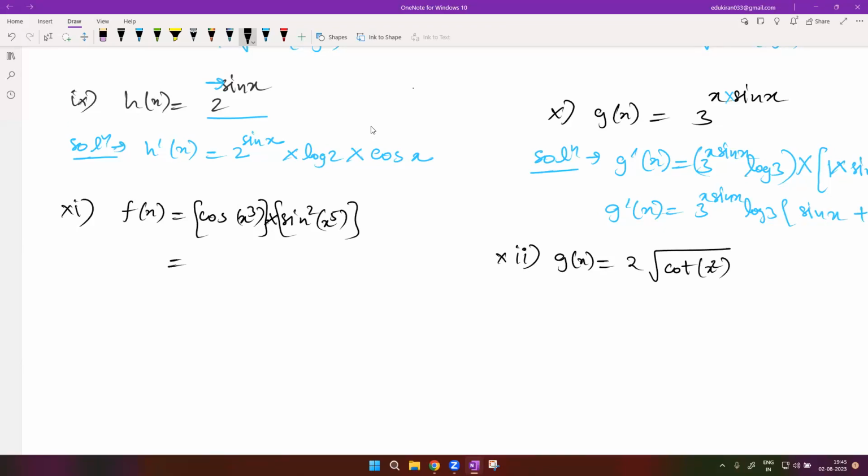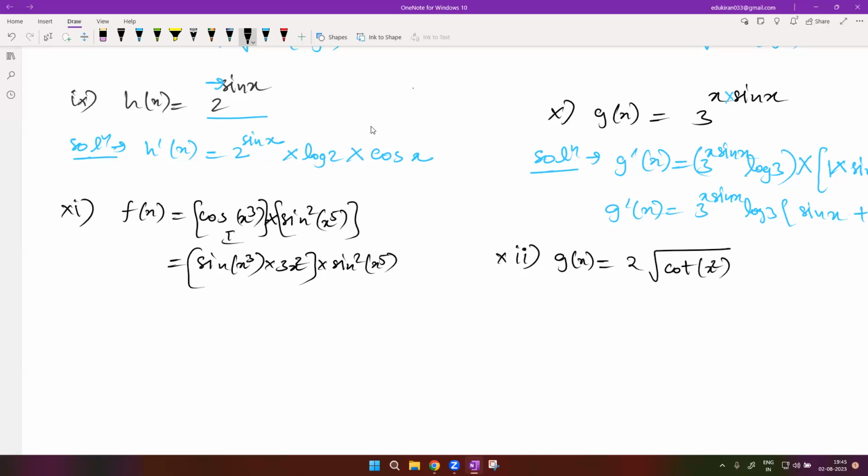So what we will do is we will take one function and keep the other function as it is. So first I am differentiating cos of x cube. It should be sin of x cube, right? Into x cube's differentiation should be 3x square. And sin square x to the power 5 is as it is, right?